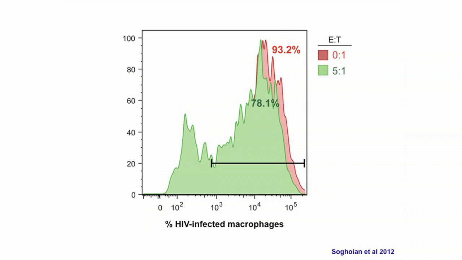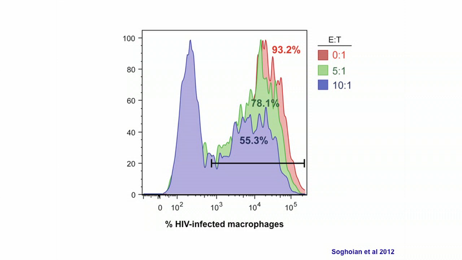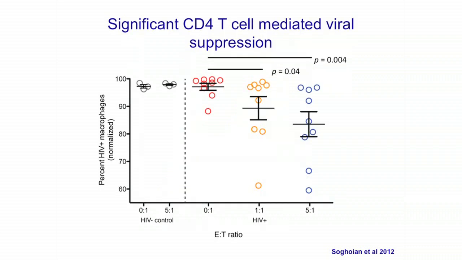When we use a 10:1 ratio, we see about a 40% decrease of the infected macrophages. We did that, of course, a couple of times. With just the target cells shown here, we get very high levels of infection. And then we can see a dose-dependent decrease in the level of infected macrophages with increasing effector to target ratio.